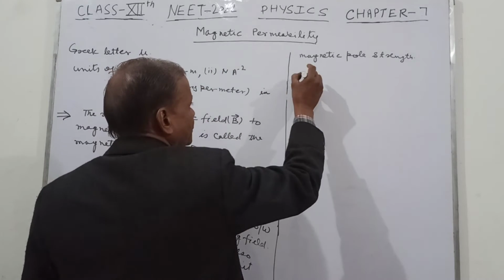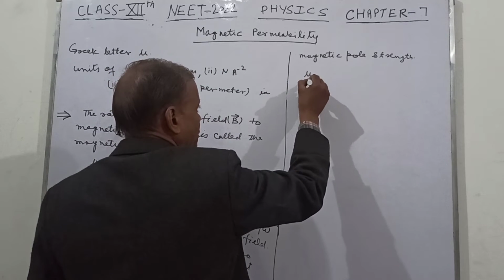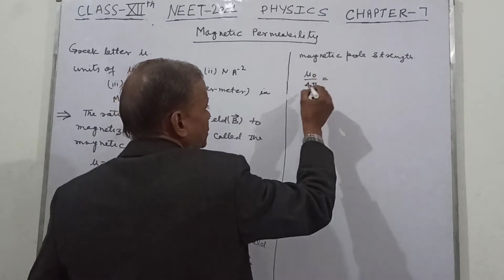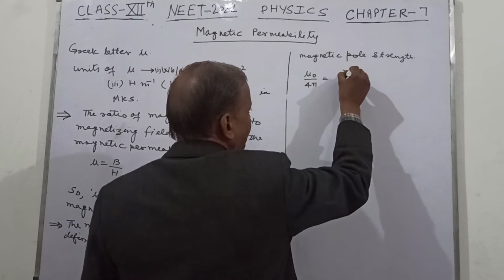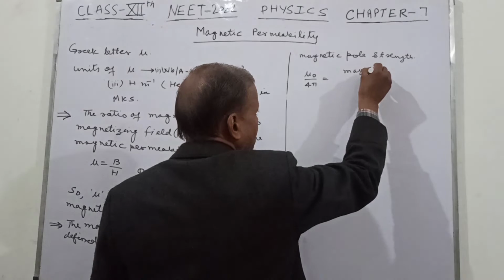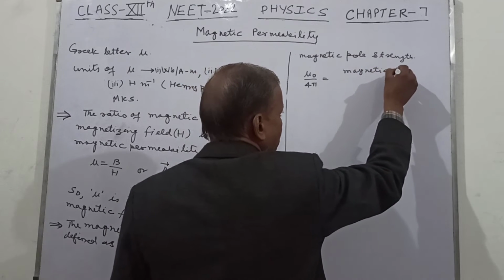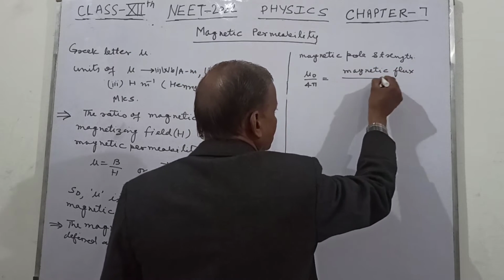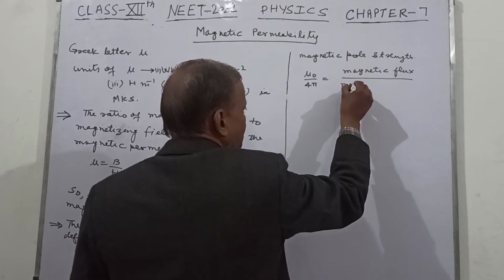So what we have, this mu naught upon 4 pi is equal to magnetic flux upon magnetic pole strength.